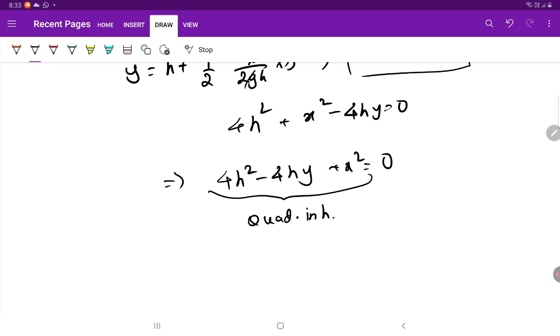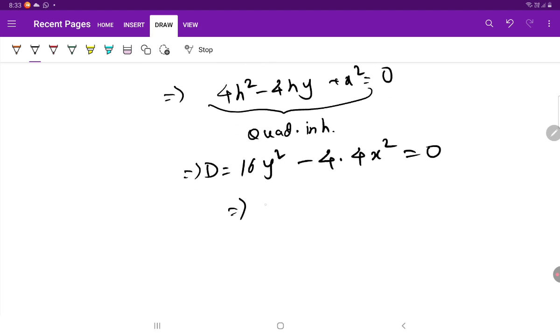Now you have to find the possible values of x and y so that we can get a real root of h. Then for getting such a root of h, the discriminant should be greater than or equal to 0. Does it imply that 16y square minus 4 into 4x square is equal to 0? We are putting discriminant D equal to 16y square minus 16x square equal to 0.